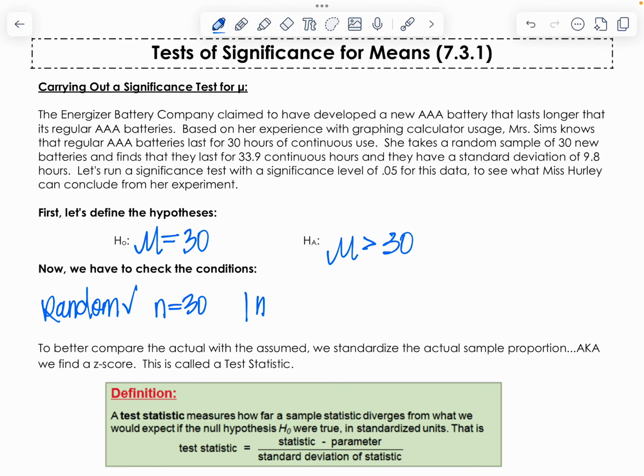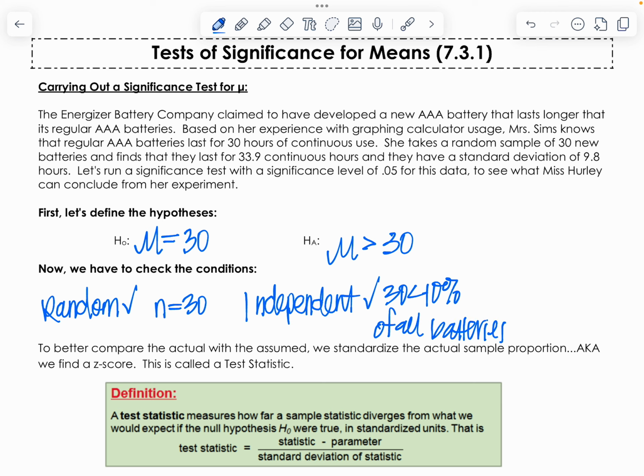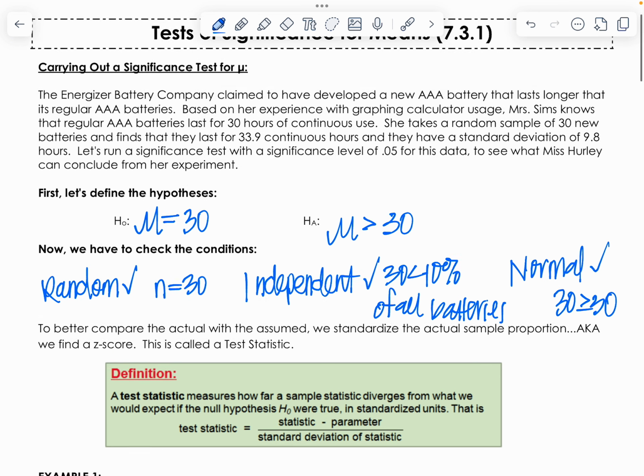Yes, because 30 is definitely less than 10% of all batteries. And normal. This one's so much easier. Yes, because n, which is 30, is greater than or equal to, it is equal to 30.